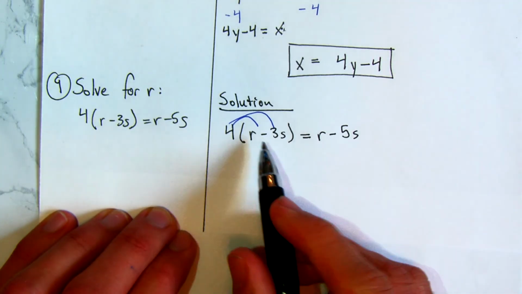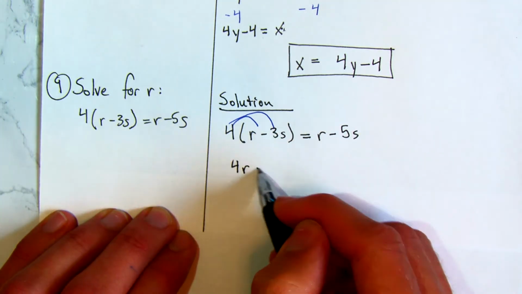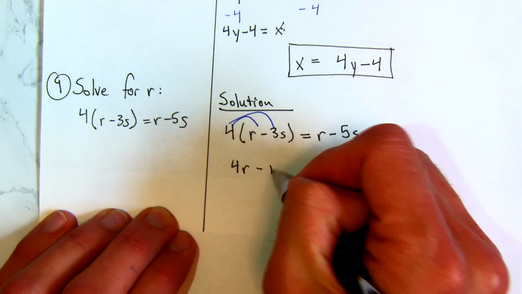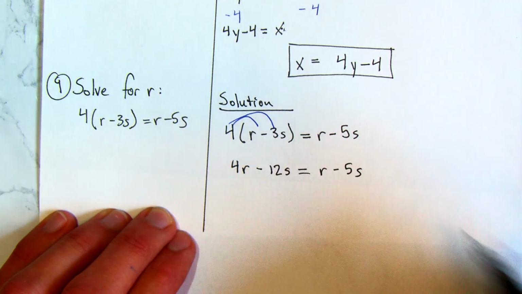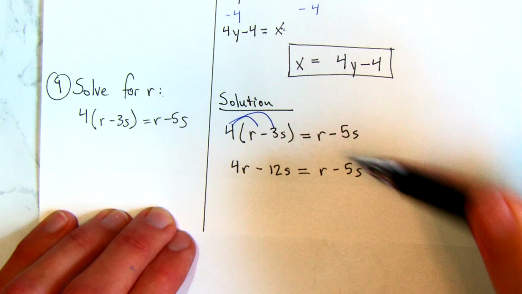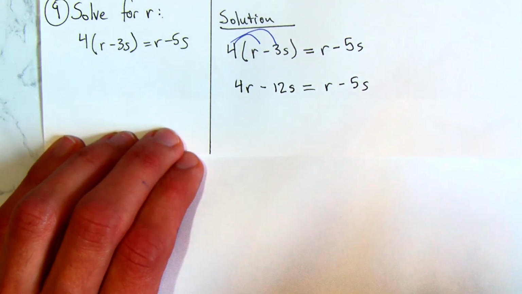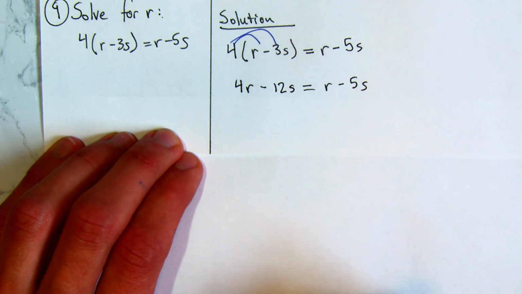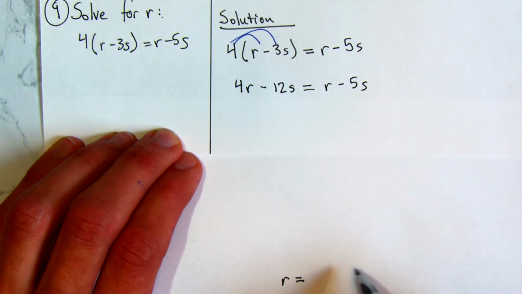So let's distribute that 4. We get 4r minus 4 times 3s is 12s equals r minus 5s. Whoops, and I'm solving for r. So my goal is r equals something.